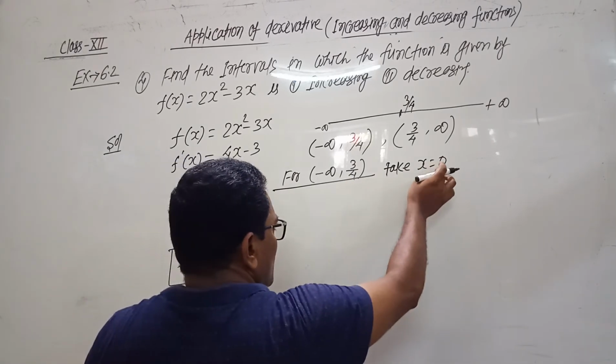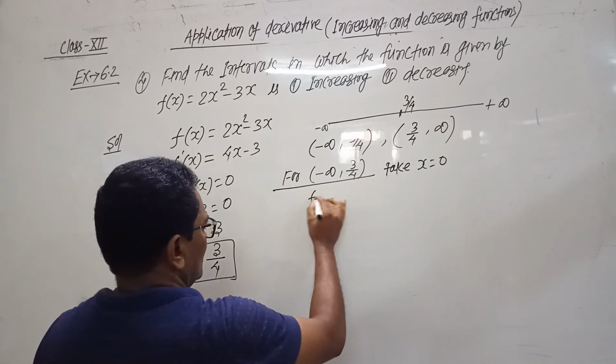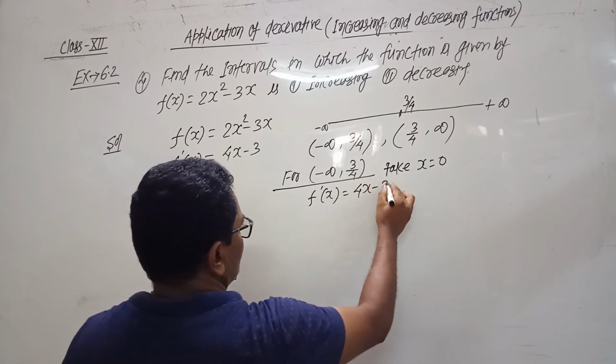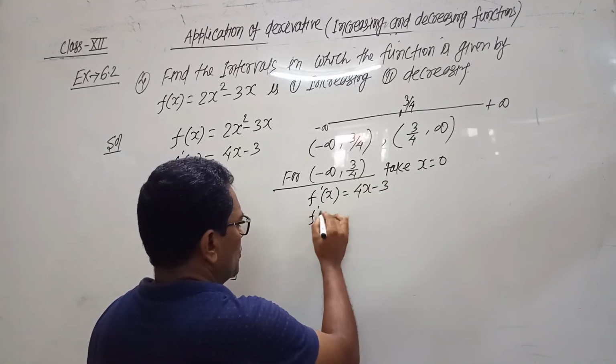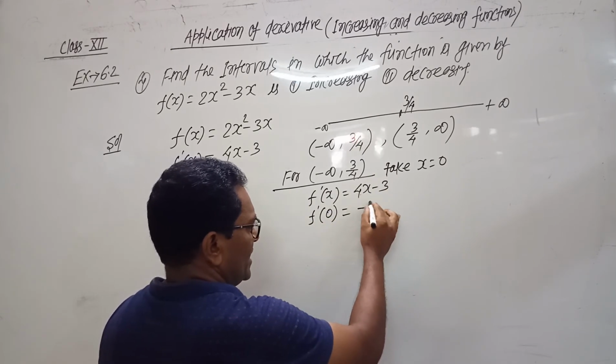Now put the value of x in the expression f dash x. So f dash x is 4x minus 3. Find f dash 0. Put the value of x as 0. So 4 into 0 is 0, and we get minus 3.